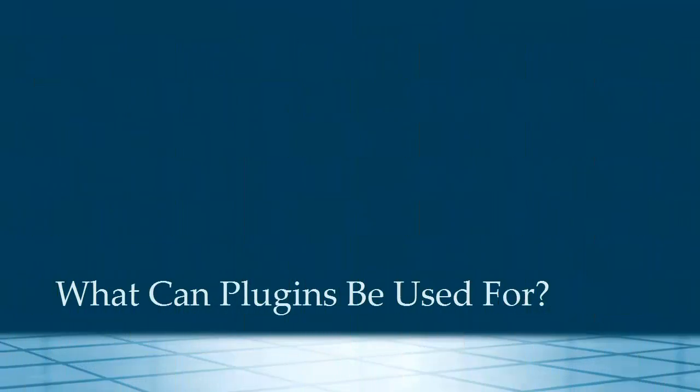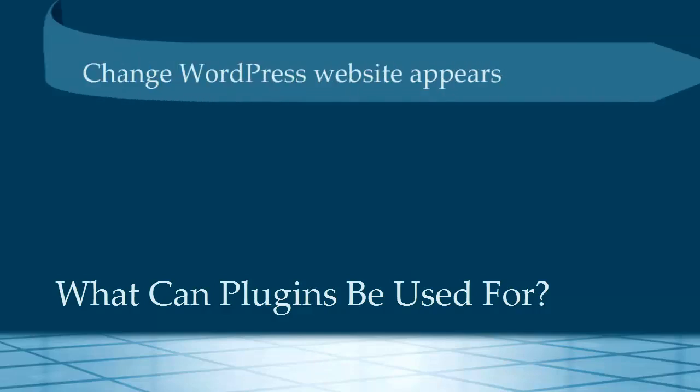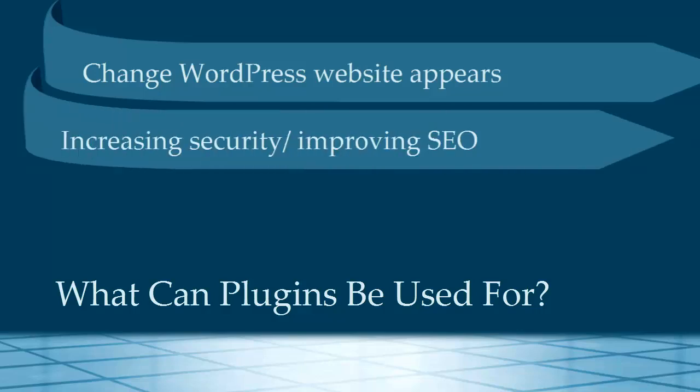Now plugins can be used for all sorts of different functions. For example, they can be used to change the way that WordPress looks, for adding features such as a word cloud, adding a Google map, for increasing the security on your WordPress site to prevent hackers from hacking into it.